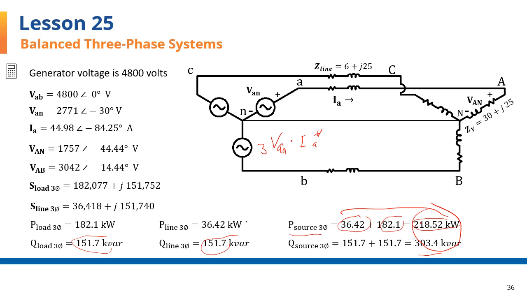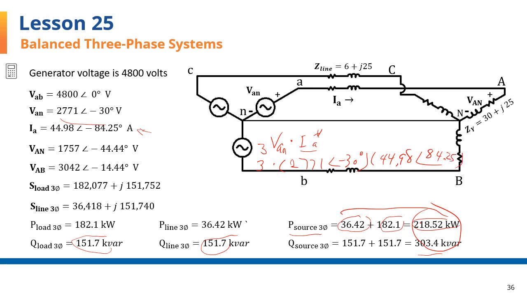If I were to substitute the values here, I would have 3 times this value, 2771 with negative 30 degrees, times IA conjugate, which would be the conjugate of this value here, 44.98 with positive 84.25 degrees.